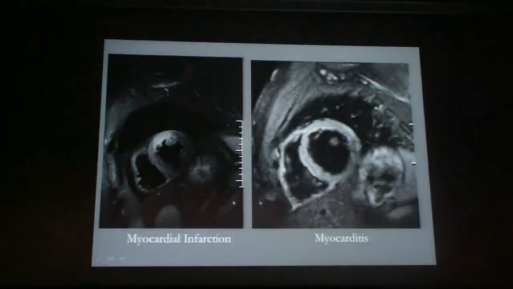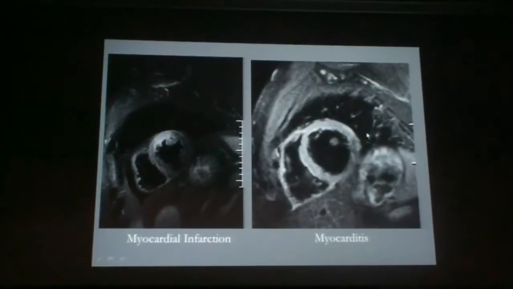Over here, you're using a sequence that is removing the signal from the fat at the same time. It's called a triple-IR sequence, and you can see very easily in the anterior segment of your left ventricle a hypersignal that corresponds to edema, and in this case it was connected to a myocardial infarction.